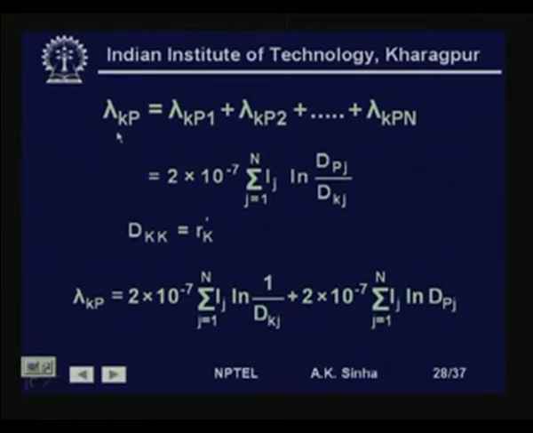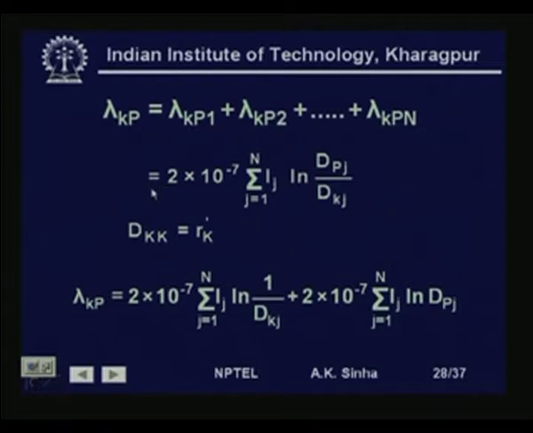Therefore, if we use that, we can find out the total flux linkage up to point P for the conductor K, which will be equal to lambda K P 1, that is flux linkage of conductor K up to point P due to current flowing in conductor 1, and so on for all the currents flowing in all the n conductors.